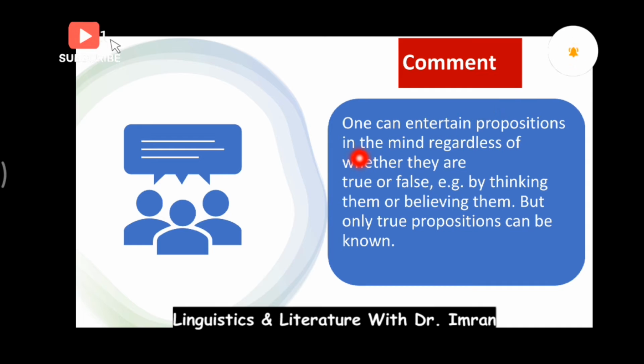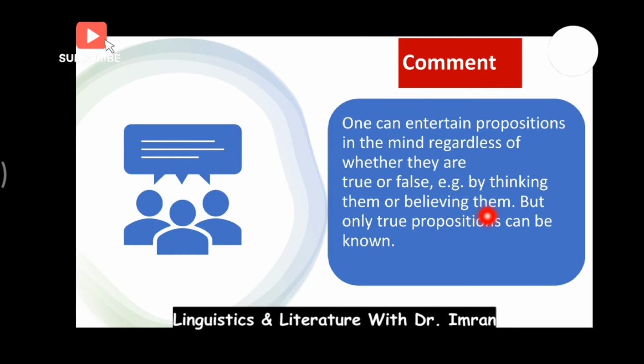Comment. One can entertain propositions in the mind regardless of whether they are true or false. So when propositions are in mind, we do not think about whether they are true or false, e.g., by thinking them or believing them, you just believe them, you just think.